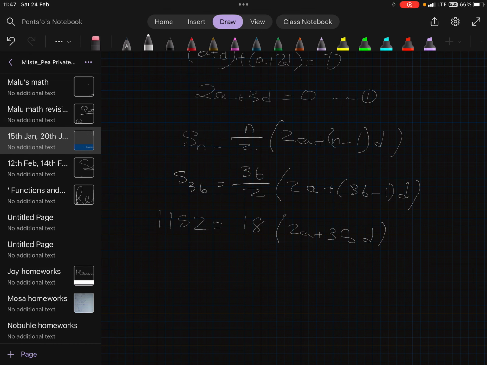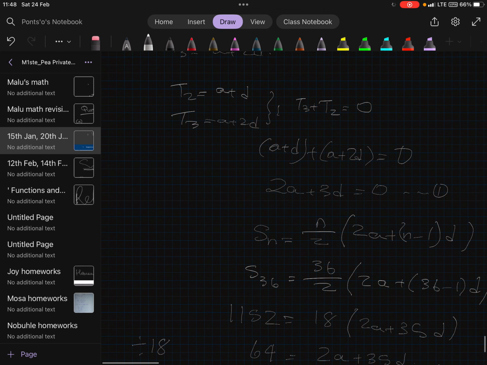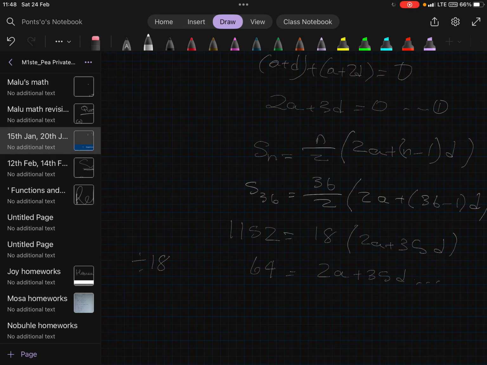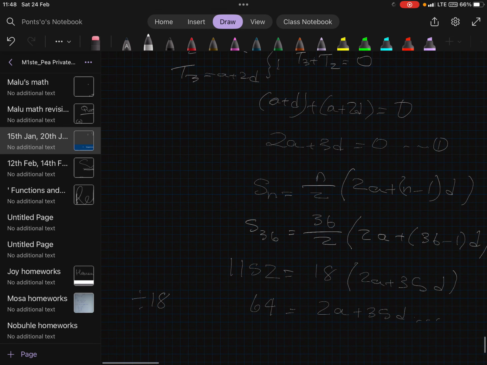If we divide both sides by 18, then 1152 divided by 18 gives us 64, and we're left with 64 equals 2a plus 35d. Now we have two equations that have both a and d, and we can solve them at the same time.